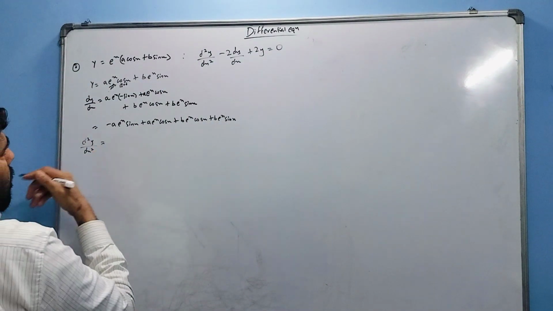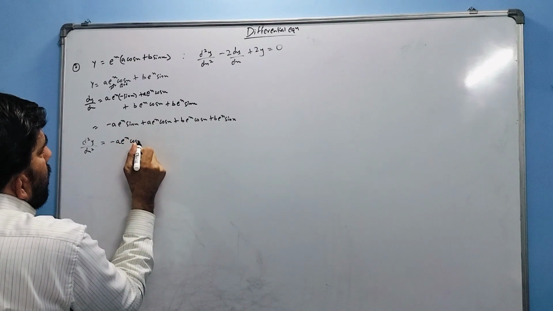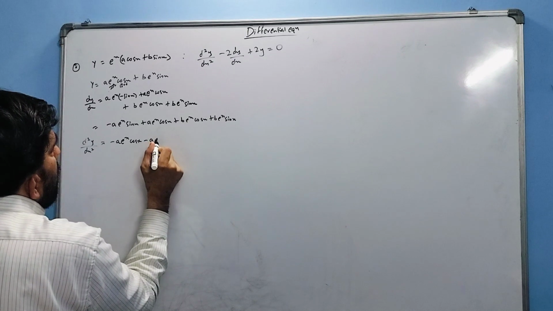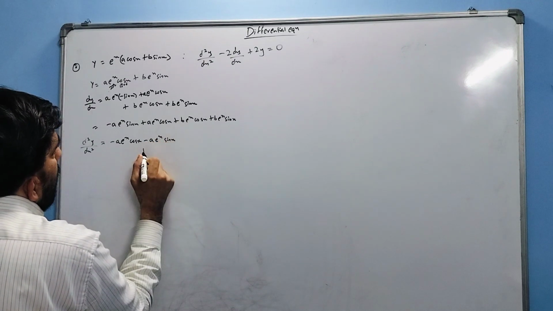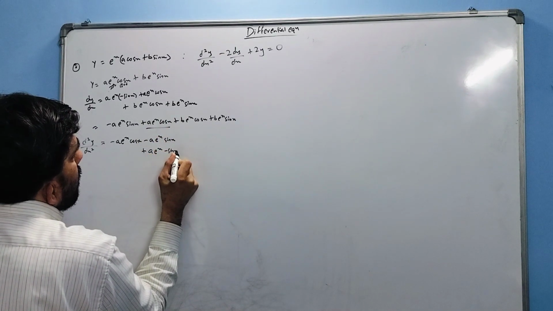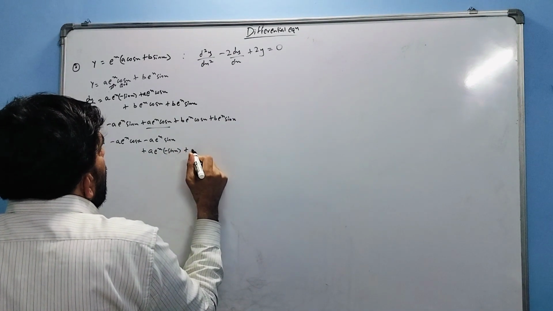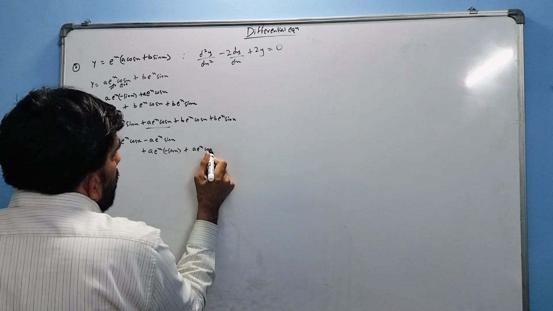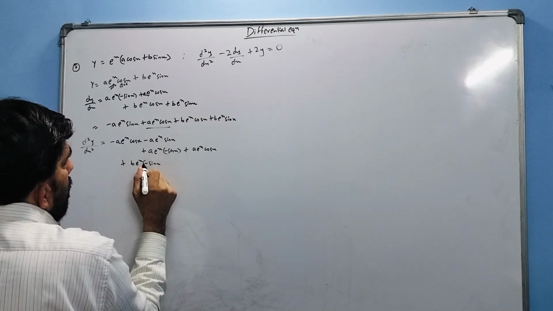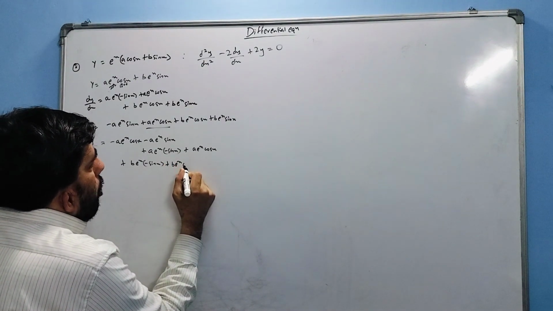We can do the same thing here, applying uv: minus a e raised power x cos x, and minus a e raised power x sin x, plus a e raised power x cos x plus b e raised power x minus sin x, plus b e raised power x cos x.